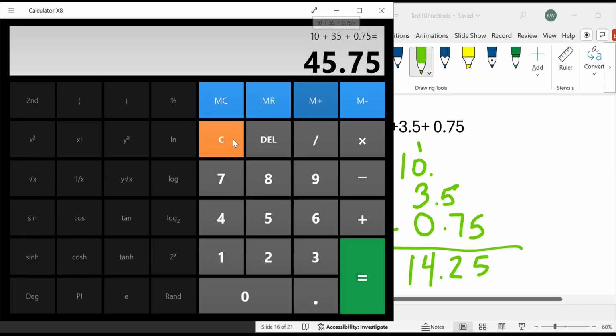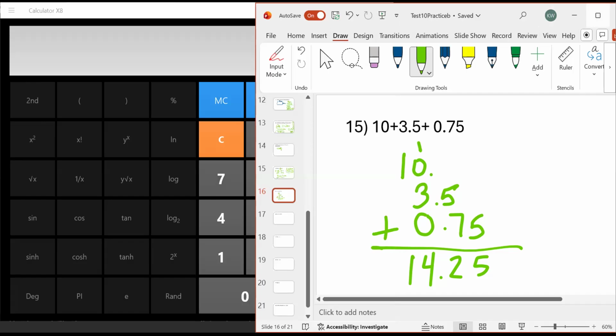I wasn't careful when I typed. Let's try that again. 10 plus 3.5. Good, it showed up right that time. Plus 0.75. Now, if I did it right, we should get the same answer, 14.25. All right.